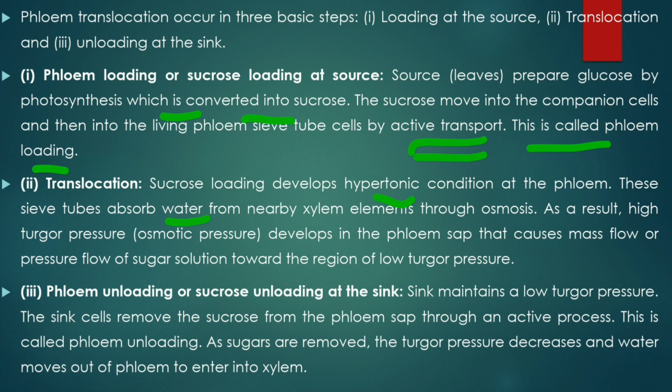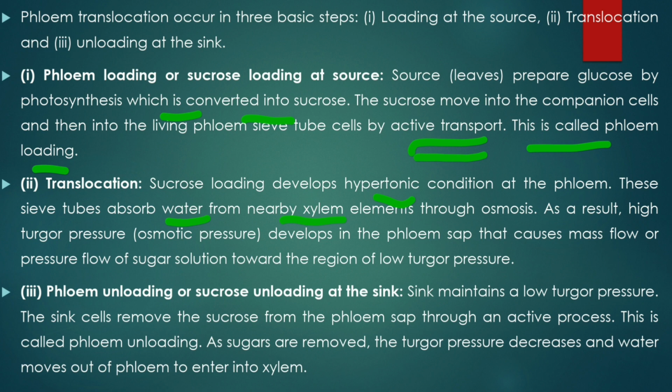This sieve tube absorbs water from nearby xylem element. So phloem is always associated with xylem. When hypertonic condition is created inside the phloem, water is absorbed from the nearby xylem, because whenever there is a hypertonic condition, the water moves into that solution.